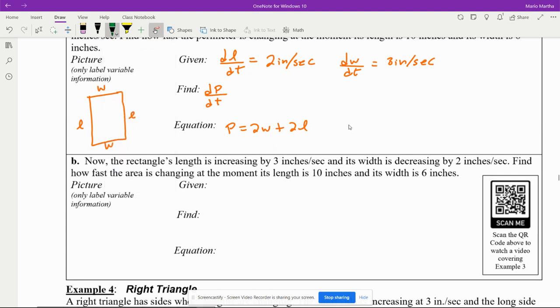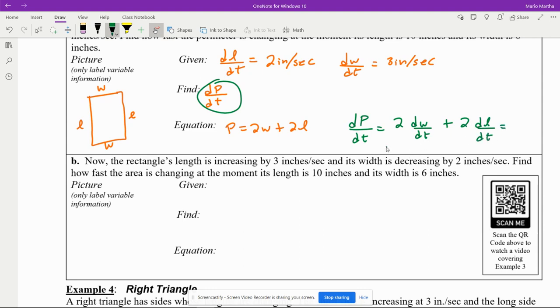So we would say dp over dt equals 2 times the derivative of w, which is dw over dt, plus 2 times the derivative of l, which is dl over dt.